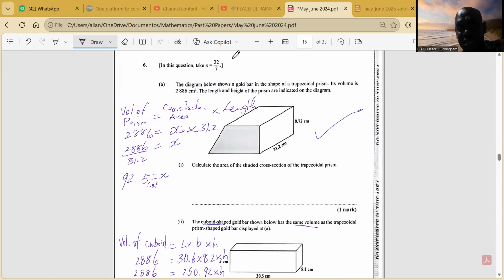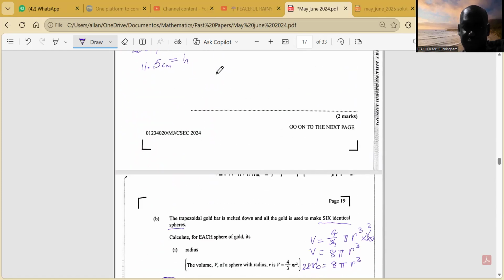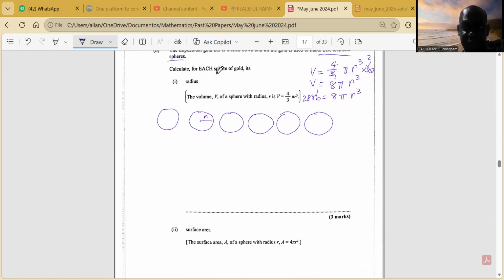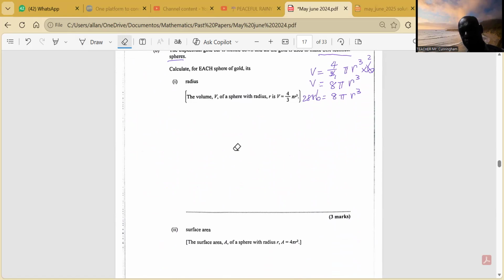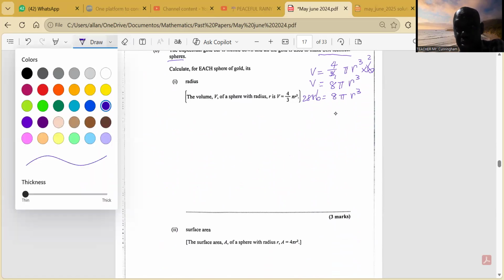Look at the top here. Use pi as 22/7. All right. Anybody lost? Don't feel ashamed to say you're lost. So pi is 22/7.